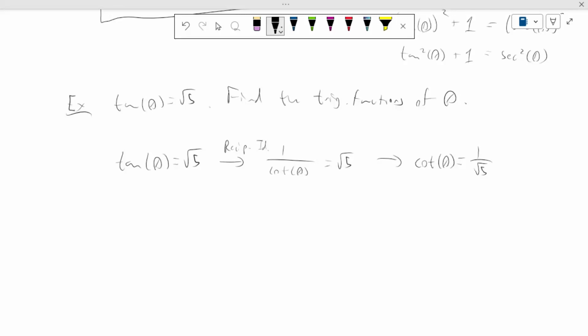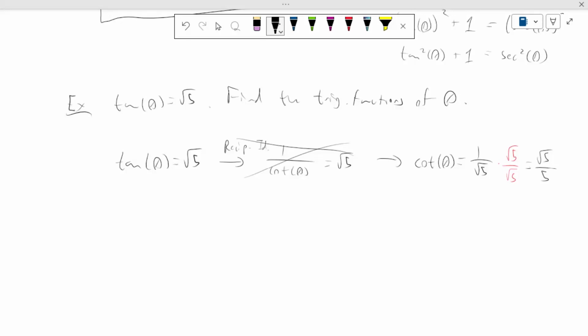This step right here is completely unnecessary. Yeah, okay. But now, of course, we have to simplify it, right? So we're going to multiply by square root of 5 over the square root of 5, right? And we're going to get that this is square root of 5 upstairs and 5 downstairs, right? So there's your cotangent of theta, right? Okay.